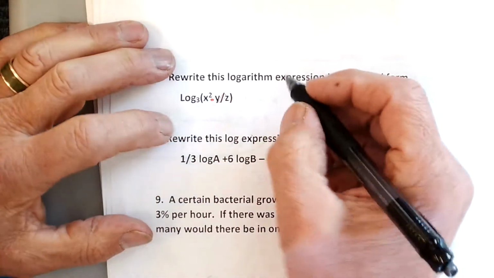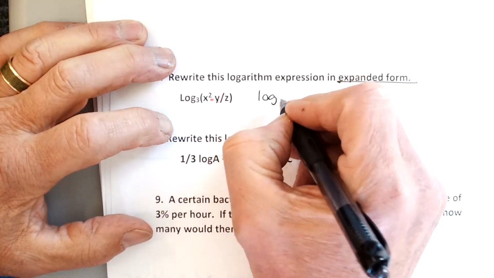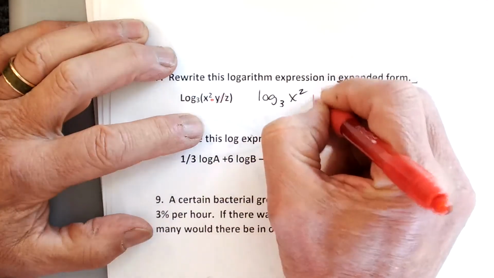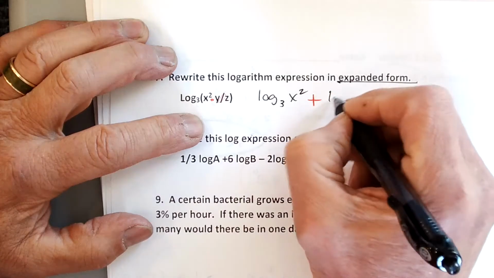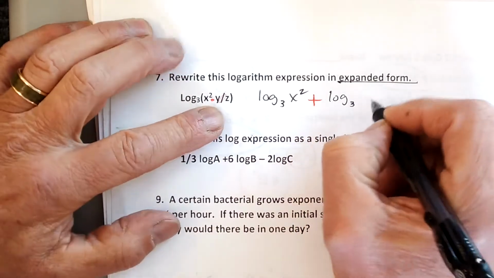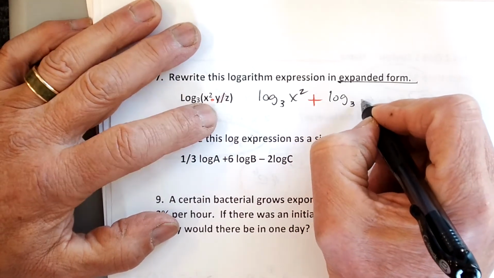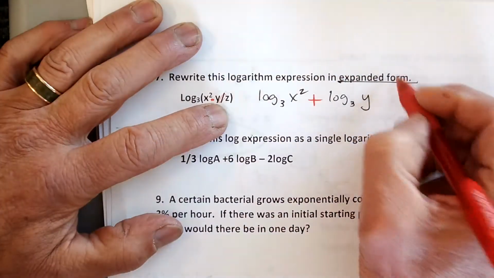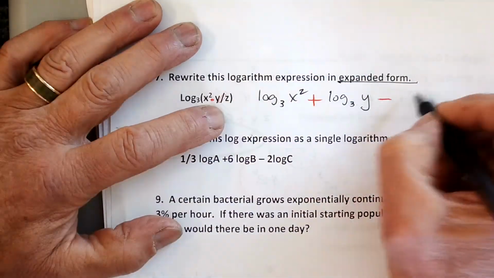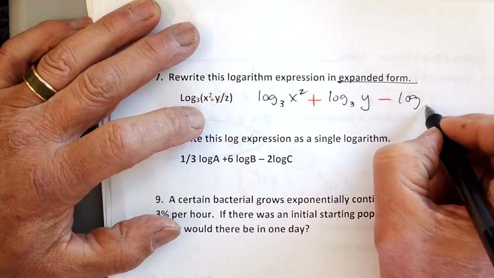We've learned this. So I'm going to go log base 3 of x squared plus, because of the times sign, log base 3 of y, and then subtract, because I got a divide sign, subtract log base 3 of z.